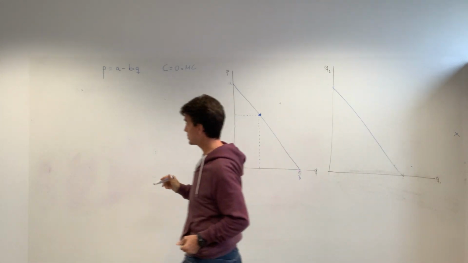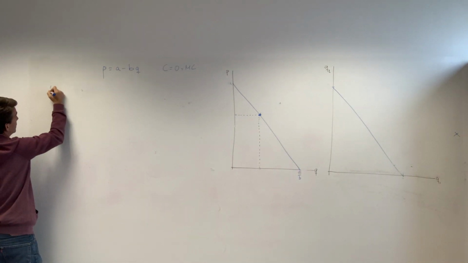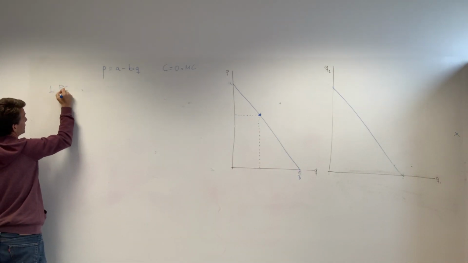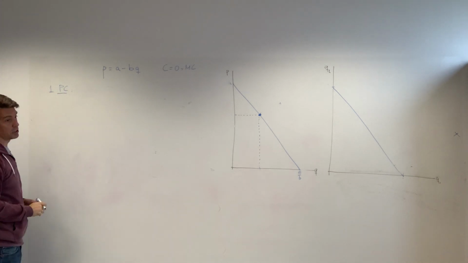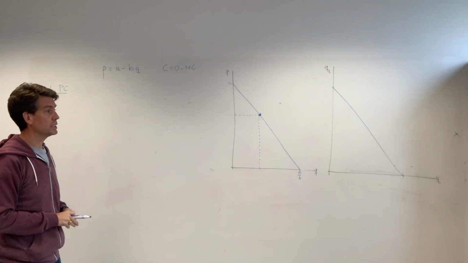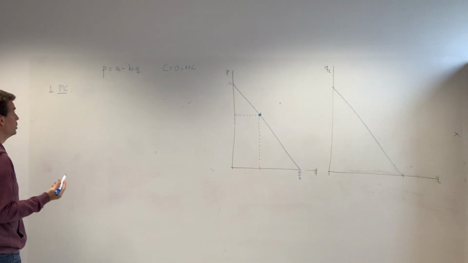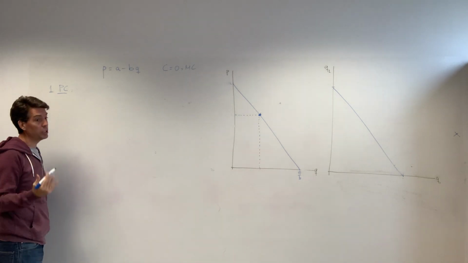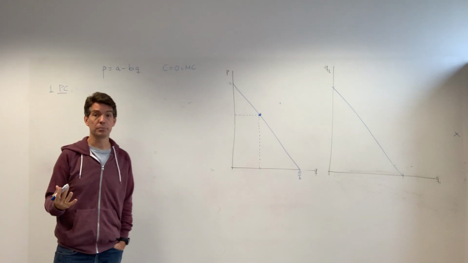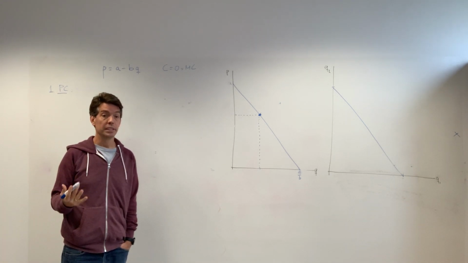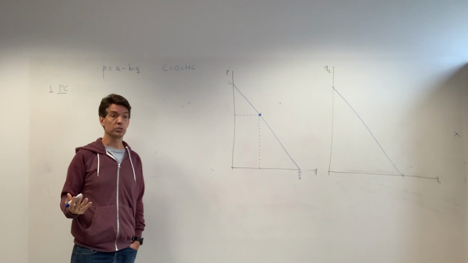So let's start with the simplest model. Let's start with perfect competition. As a consequence of maximizing profits under perfect competition, what is going to be the price and what is going to be the quantity? Well, under perfect competition, we know that the price is going to be equal to the marginal cost. If the cost is 0, obviously the marginal cost is also 0.